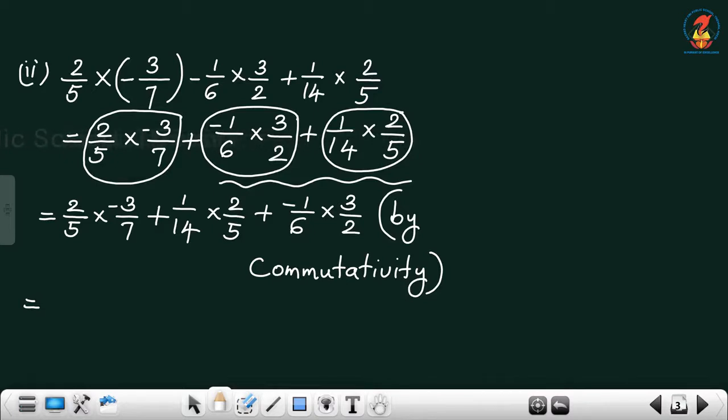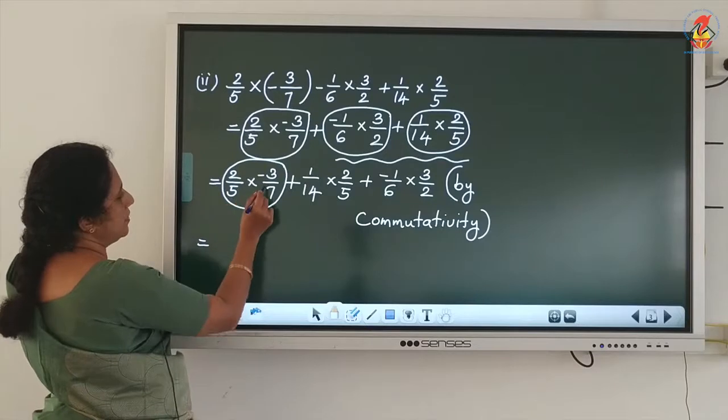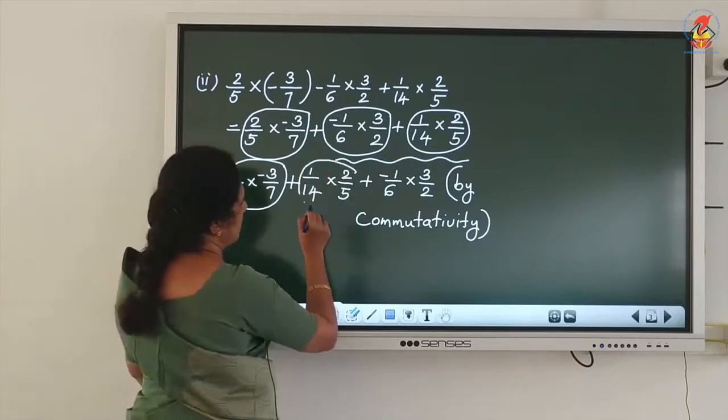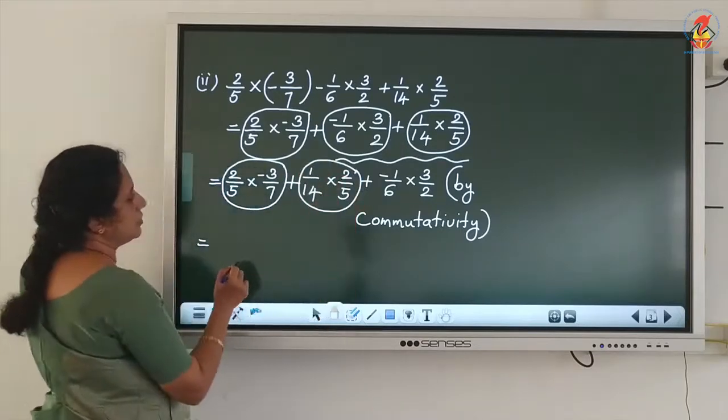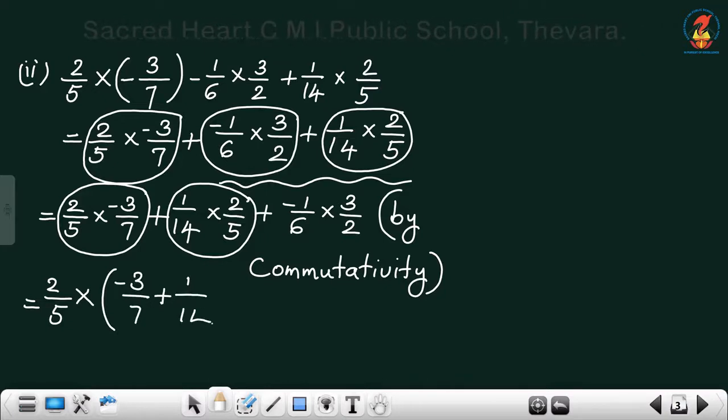Now look at the first and the second term. First term is 2 by 5 into negative 3 by 7. Second term is 1 by 14 into 2 by 5. Which rational number is common? 2 by 5 is common. So we can take 2 by 5 outside. 2 by 5 into negative 3 by 7 plus 1 by 14.